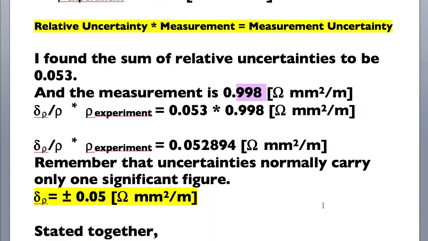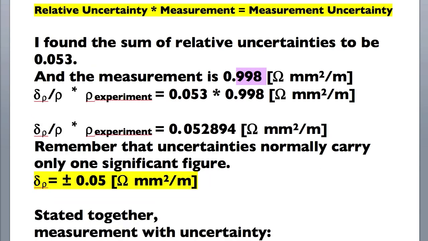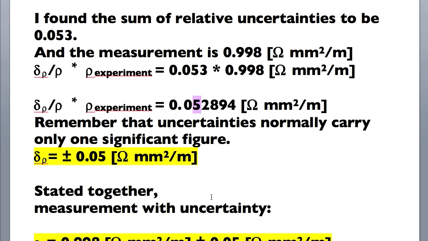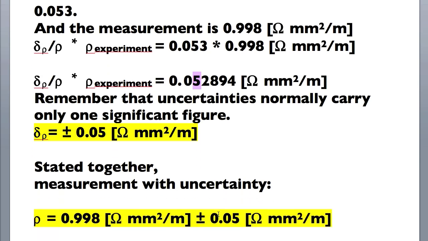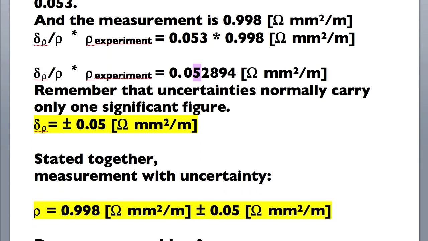But remember that uncertainties normally carry only one significant figure. So we don't need these significant digits here. We only need one significant figure. Rounding properly, we get the uncertainty in resistivity is equal to plus or minus 0.05 of an ohm millimeter squared per meter. Stated together, measurement with uncertainty is rho equals our measurement with units plus or minus our uncertainty with the same units.